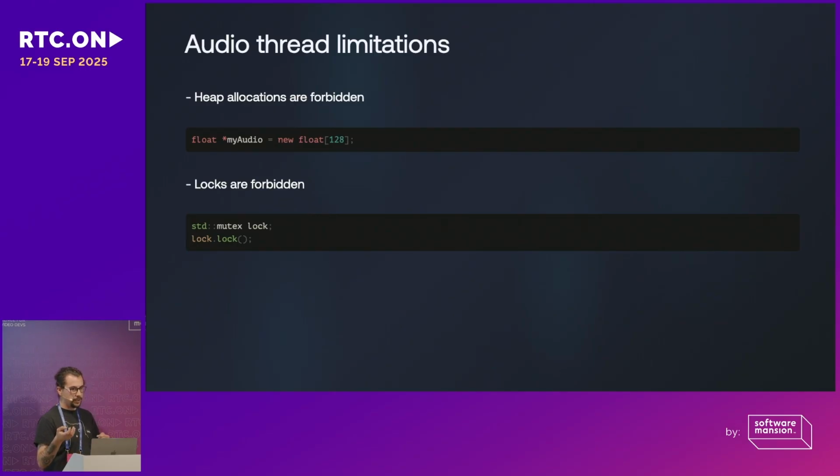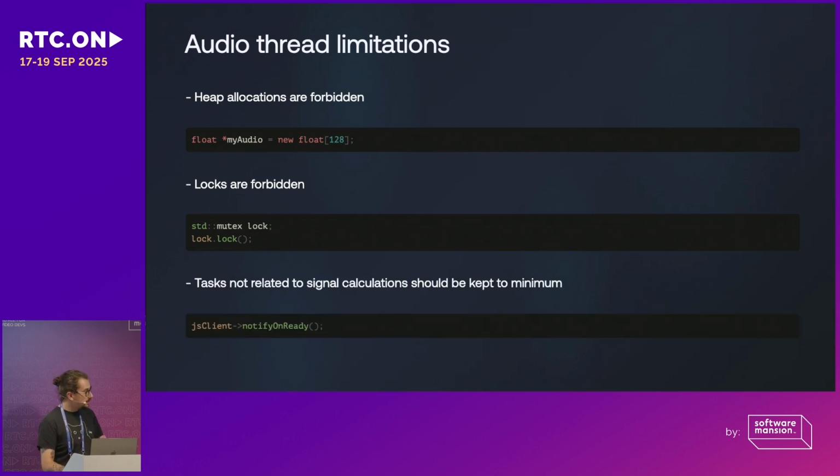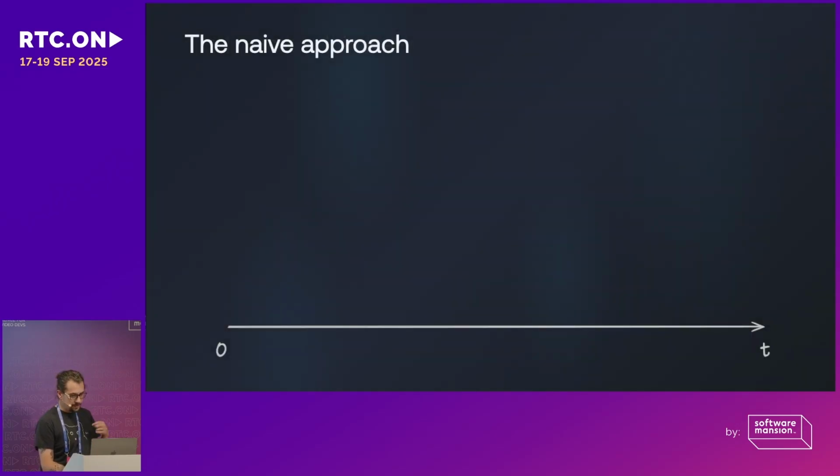If the audio thread had to wait for something, the underlying device system would cut off the thread, making the sound glitch. And the third one, probably obvious at this point, is that tasks not related to audio processing should be avoided there. So keeping that in mind, let's take a look at a simple naive approach.